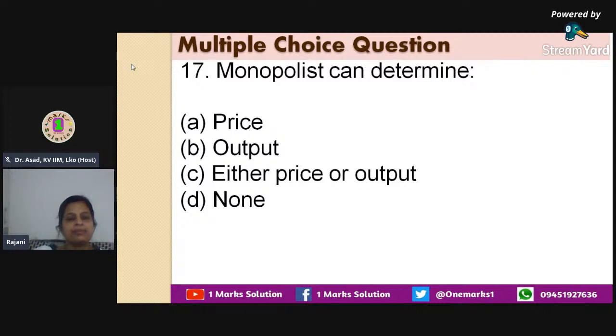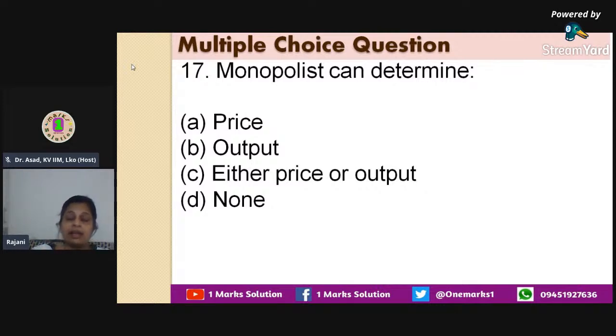Next question. Monopolist can determine. In monopoly, the firm is the price maker. They themselves make the industry, so they can determine the price, or the output, either price or output or none. Those are the options available to you. Definitely they can fix the price, but we cannot say only that.